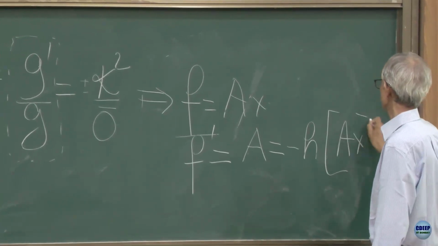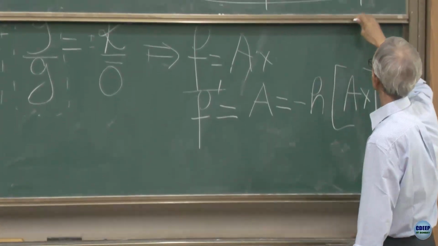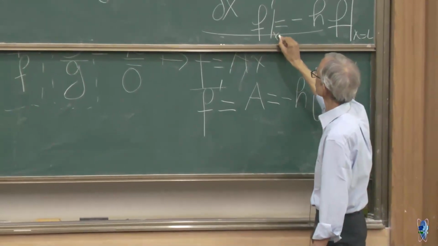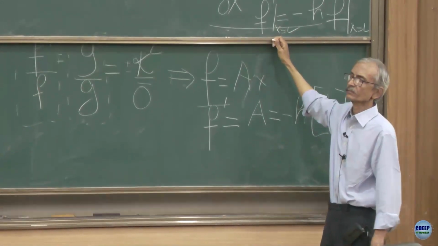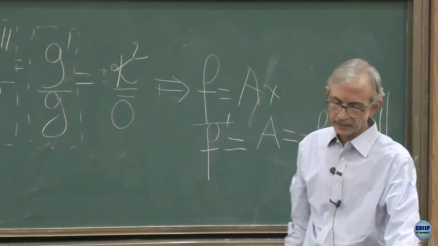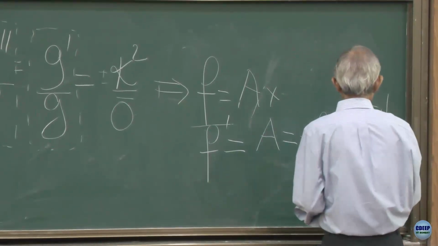Ax, but this x is at x equal to L. That's the condition that we have. So if we say that, then you get A is going to be minus HAL.